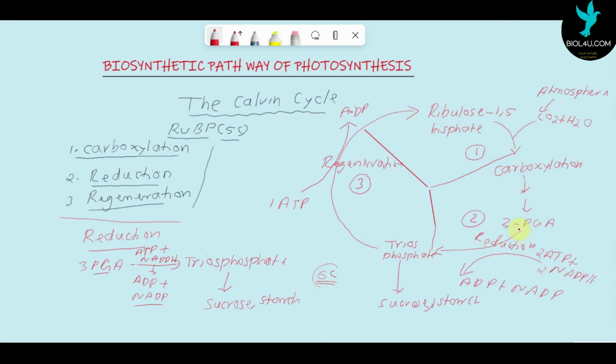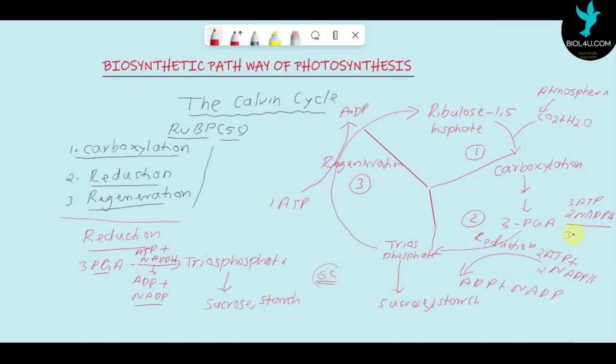So for 1 cycle it requires 3 ATP and 2 NADPH. Then how many ATP and NADPH are required for synthesis of 1 molecule of glucose?